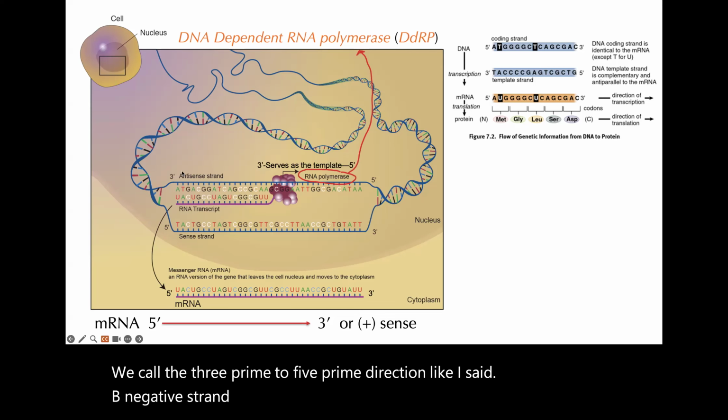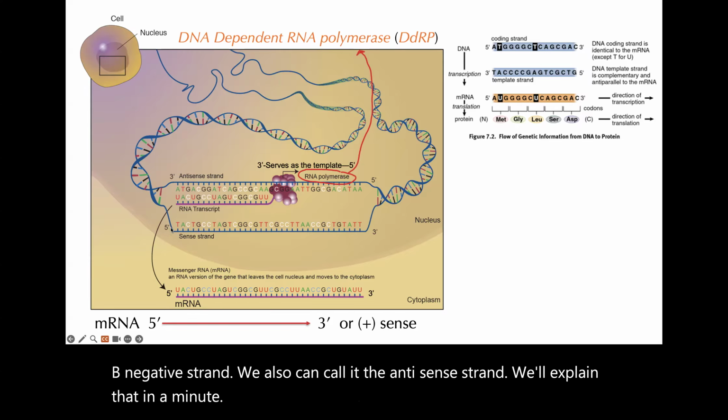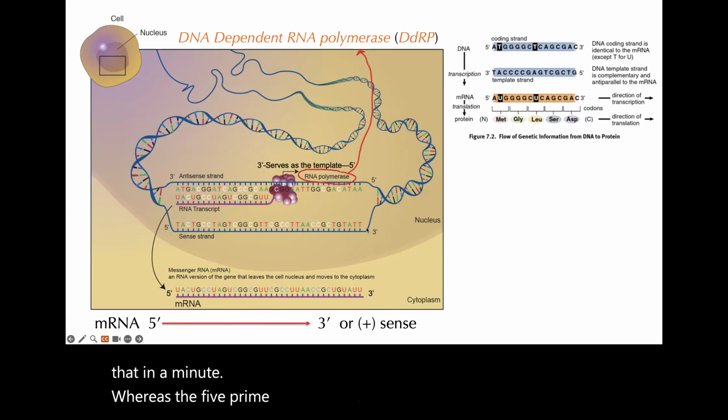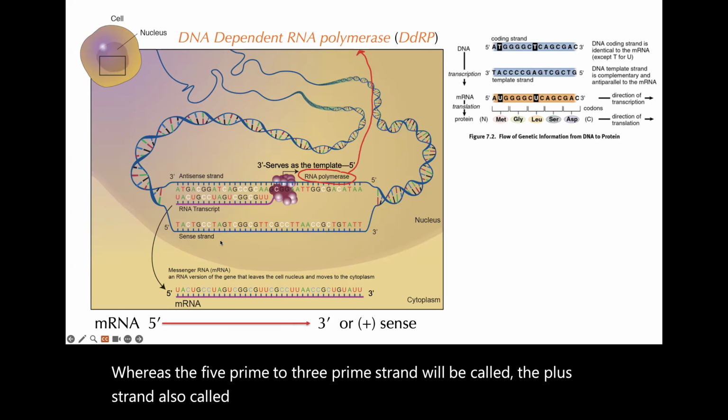We also can call it the antisense strand. We'll explain that in a minute. Whereas the 5' to 3' strand will be called the plus strand, also called the sense strand.